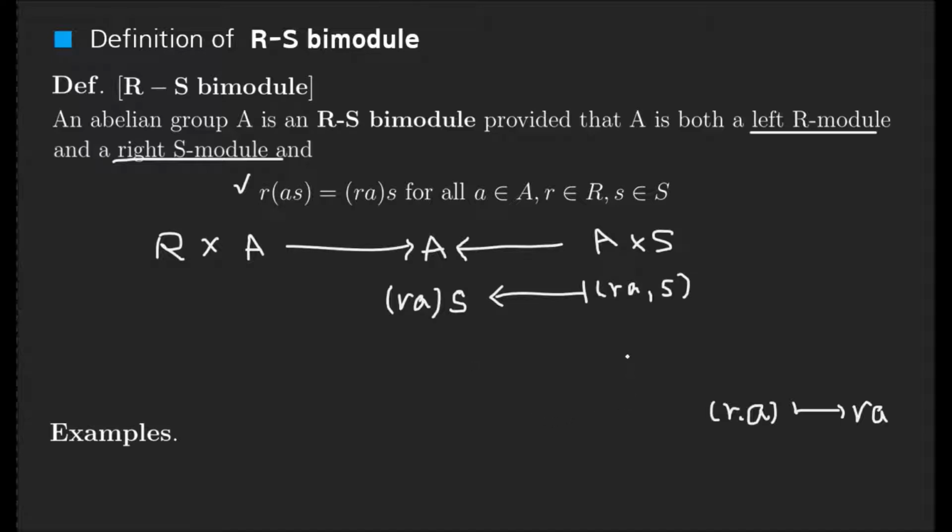However, in this case, consider the AS case: we can choose A in A and S in S, the product AS, and we can consider AS going to A. So we consider R and A going to RA, and A and S going to AS.